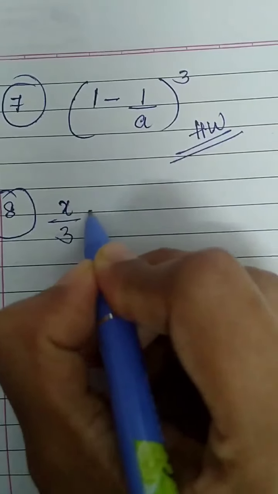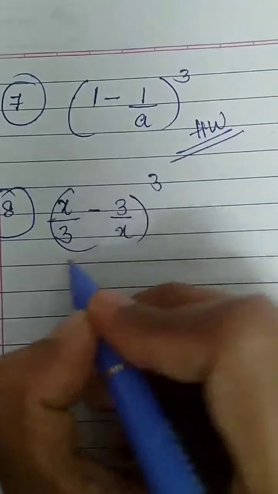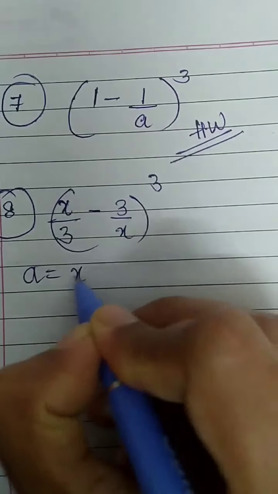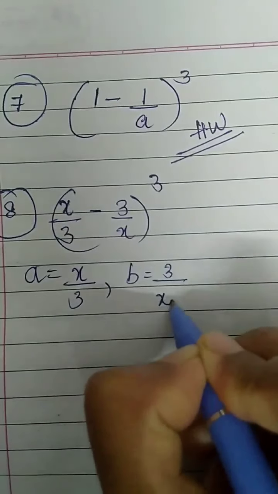(x upon 3 minus 3 upon x) the whole cube. So here a will be x upon 3 and b will be 3 upon x.